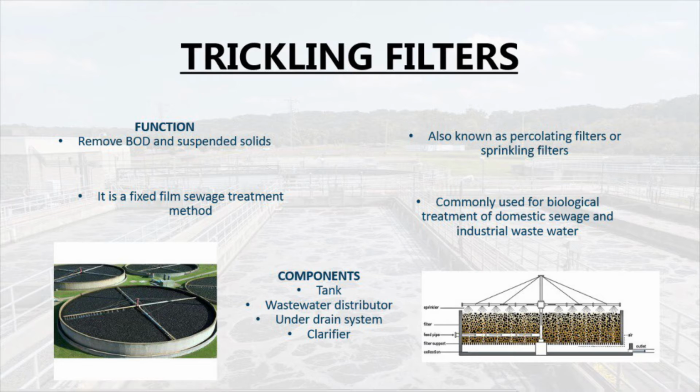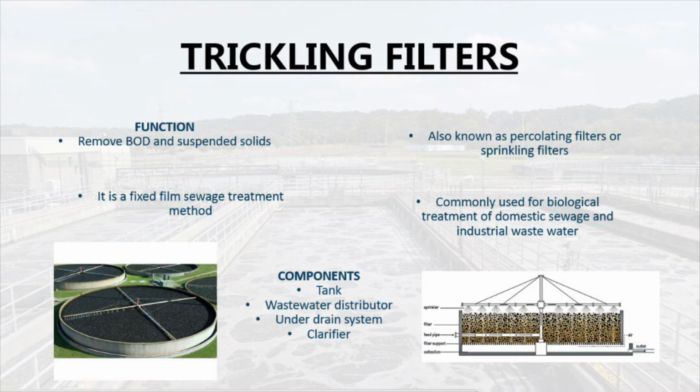The wastewater flows downward over the media surface where microorganisms form a layer of biomass and consume contaminants in the water. Commonly, trickling filters are used for biological treatment of domestic sewage and industrial wastewater.